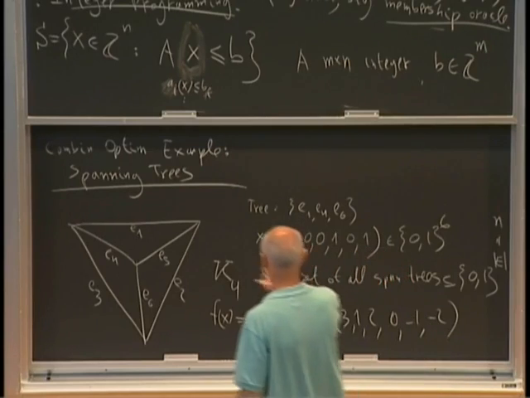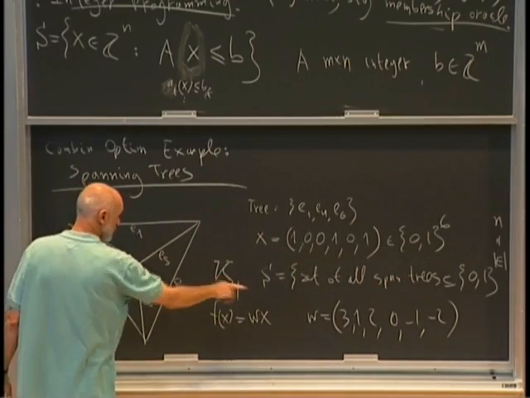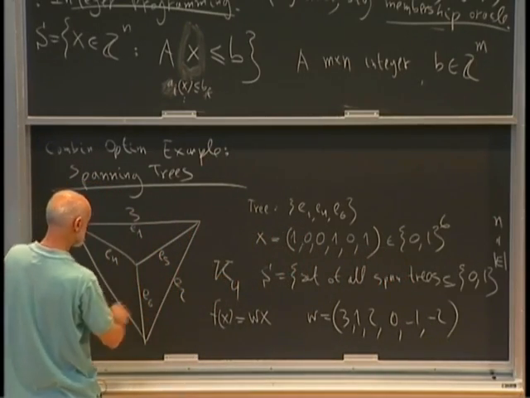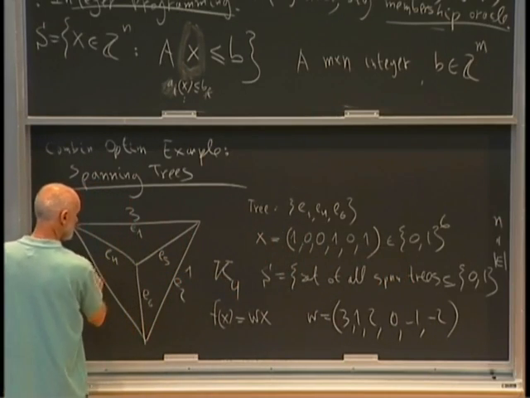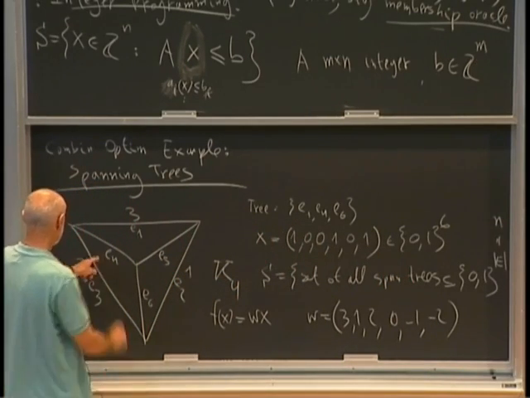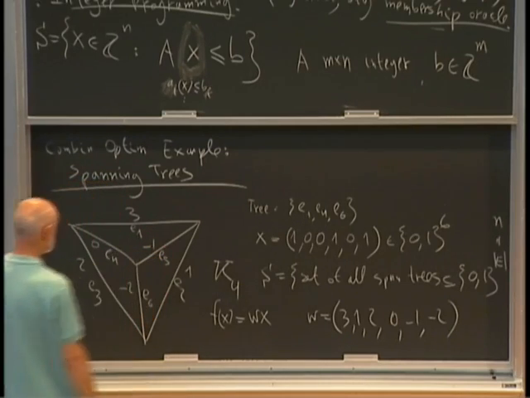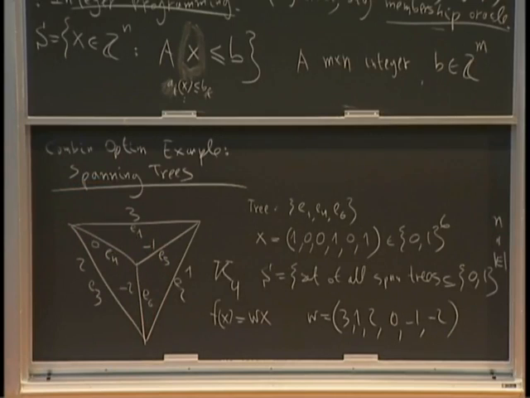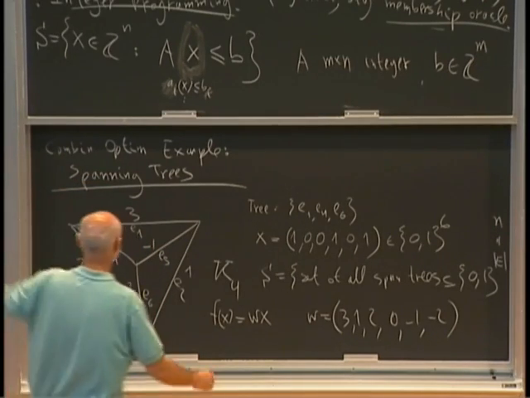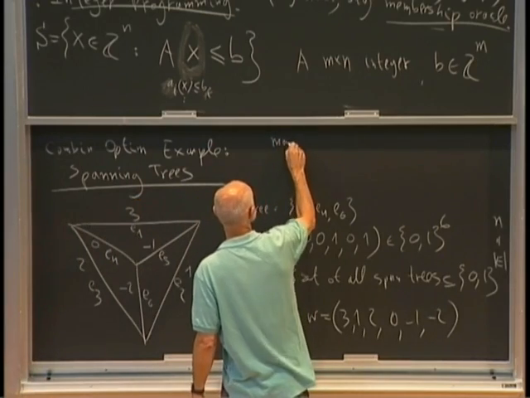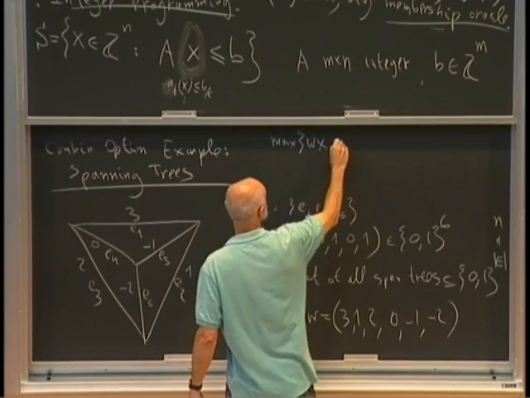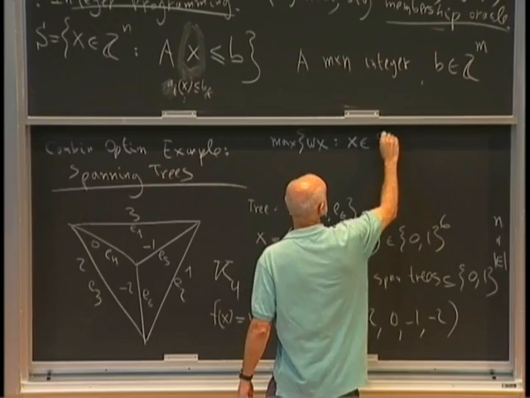Let me also write this on the edges, the weights here, so now the coordinates correspond to the edges. Is this clear? Now I want the tree which maximizes. So the problem, a discrete optimization problem, is max Wx, so that x is a spanning tree.